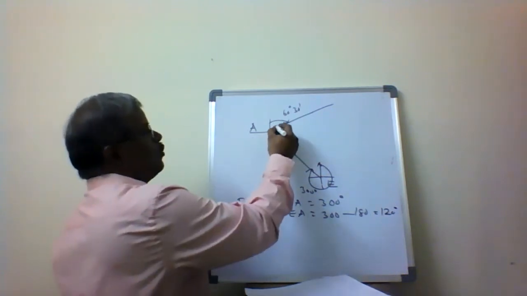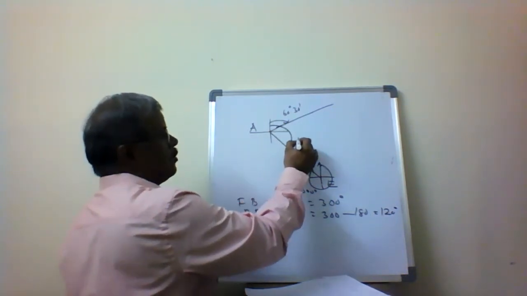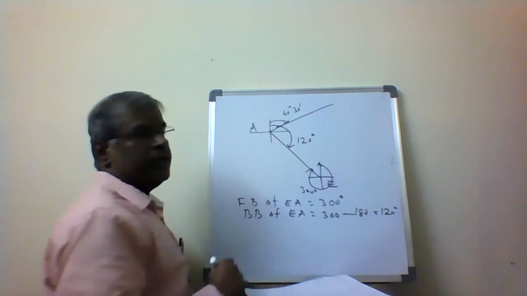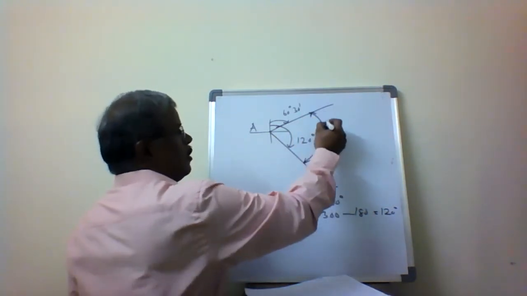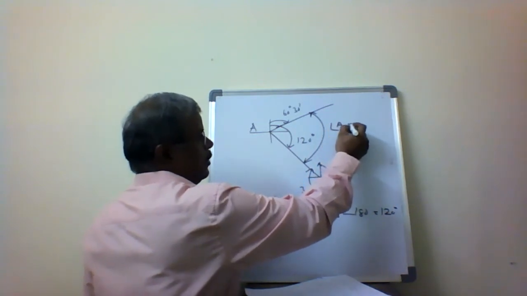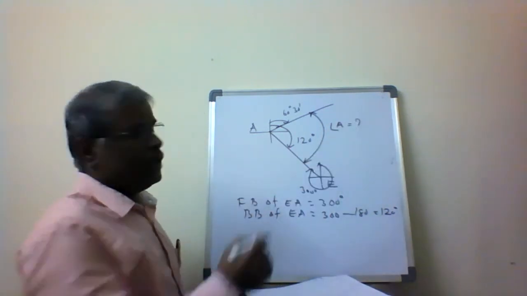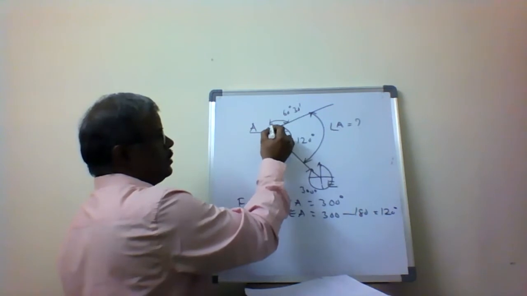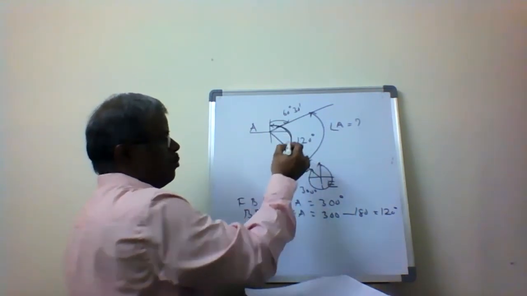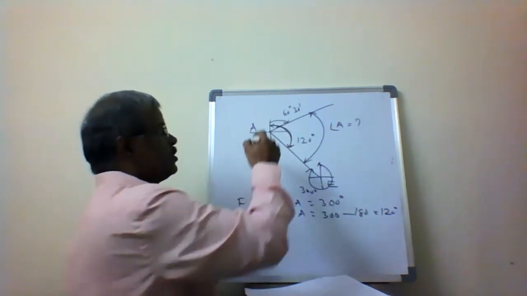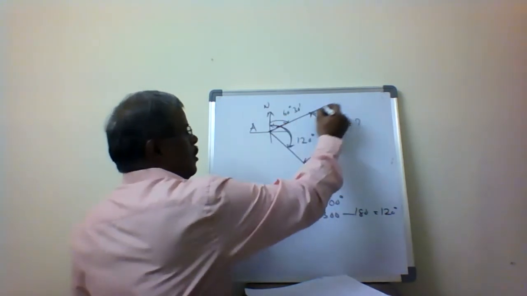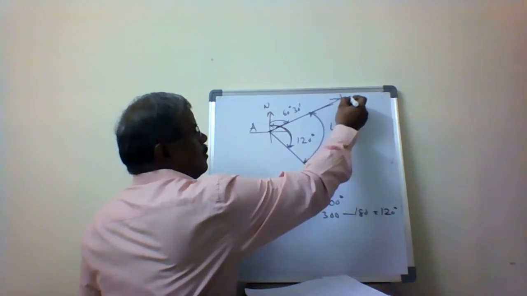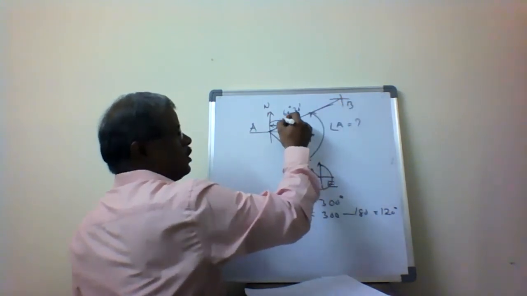So what is this angle? This angle is 120 degrees. Now I have to calculate the angle A. I know the backward bearing of line EA is 120 degrees, and the forward bearing of line AB is 60 degrees 30 minutes.